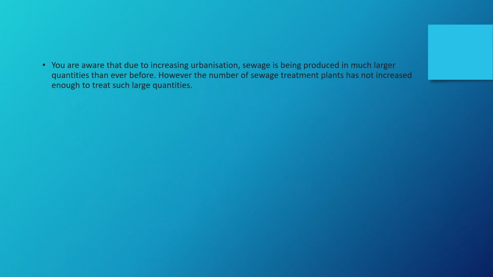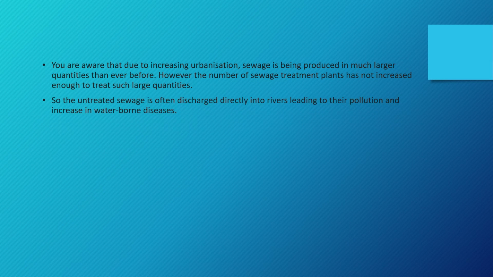You are aware that due to increasing urbanization, sewage is being produced in larger quantities than ever before. However, the number of sewage treatment plants has not increased enough to treat such large quantities. So, the untreated sewage is often discharged directly into rivers, leading to their pollution and increase in waterborne diseases.